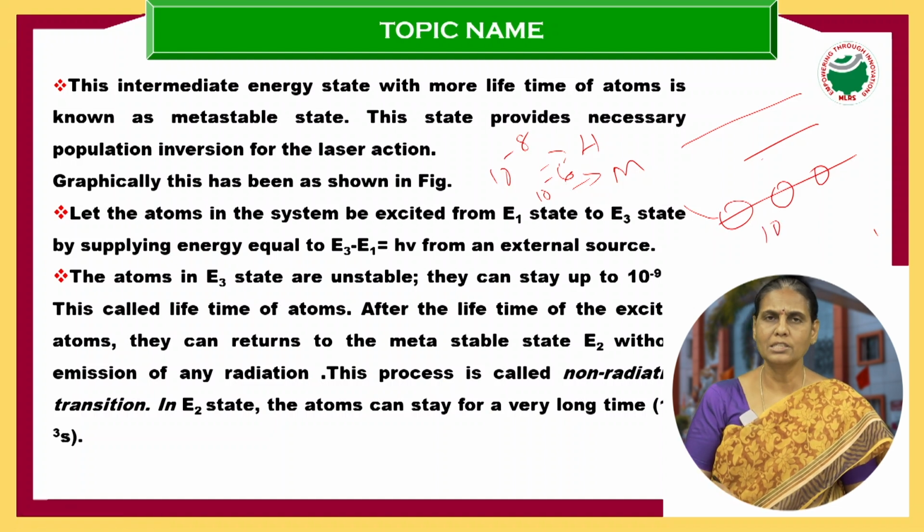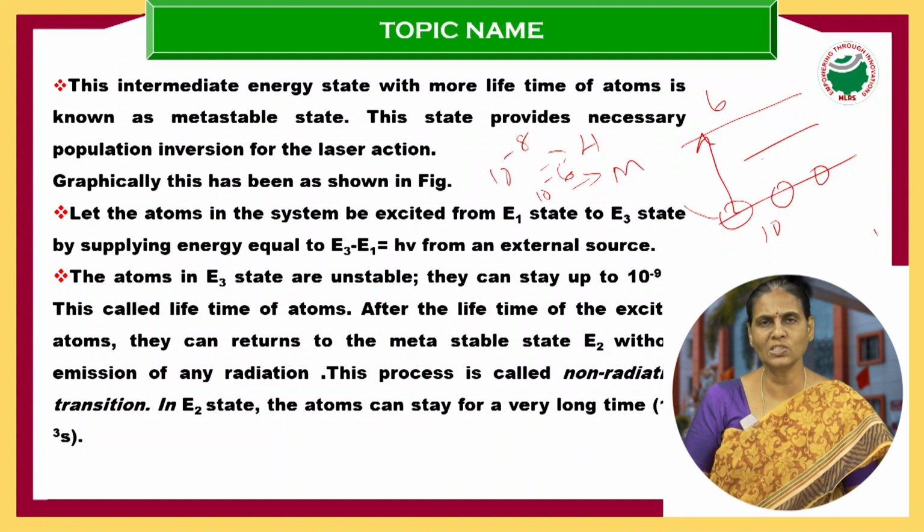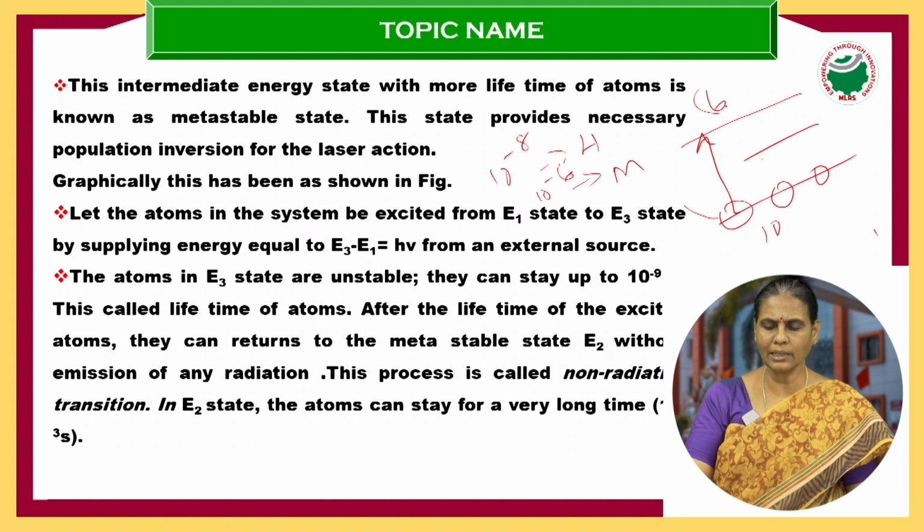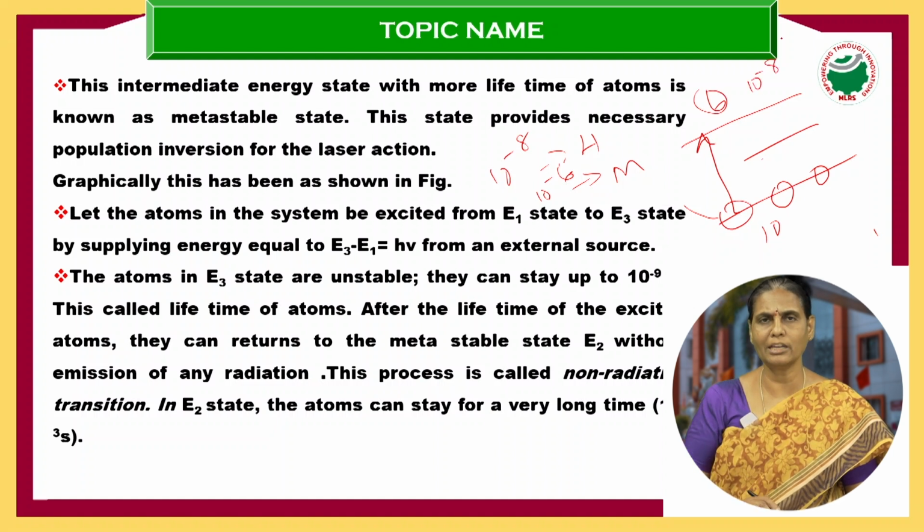We have given some energy to the atoms. From these, 6 atoms have jumped to the higher energy state. One by one, they are jumping to the higher energy state. Now, from these 6 atoms, 4 atoms have completed their mean lifetime of 10^-8 seconds. Now, 4 atoms are getting de-excited to the lower energy state.